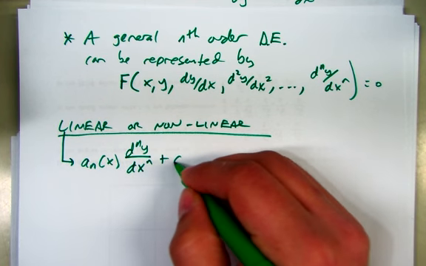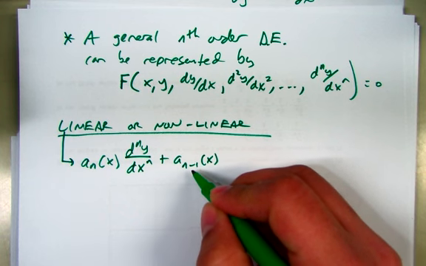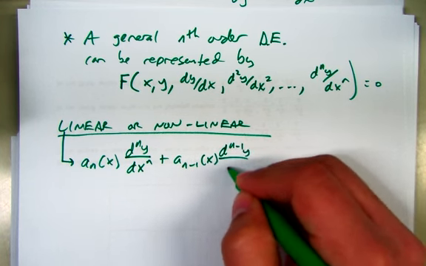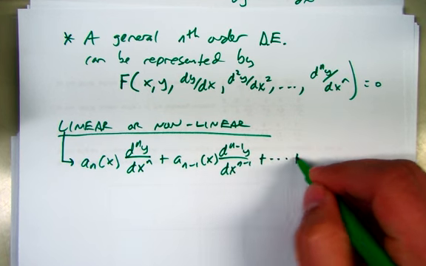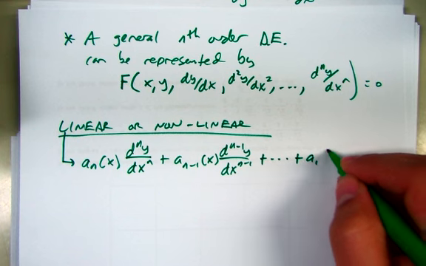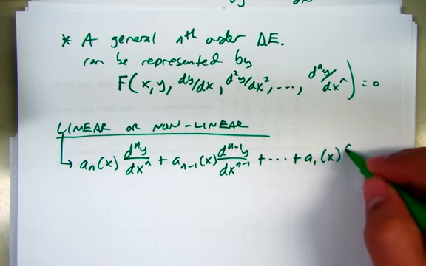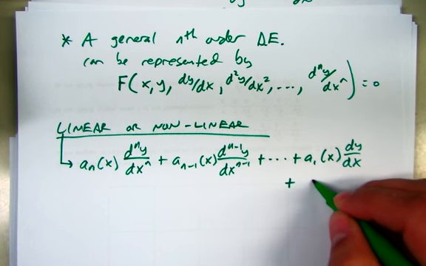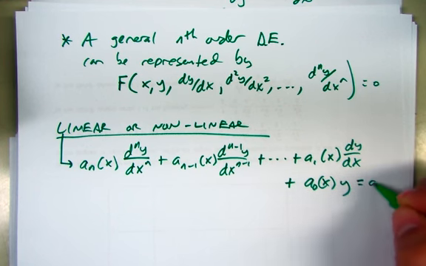And then we just decrease the order. So we'll use n minus 1 as a subscript of the coefficient. And so on and so forth. And then we have a coefficient of x maybe again, dy/dx, plus a naught of x times just regular y equals maybe a function g of x.